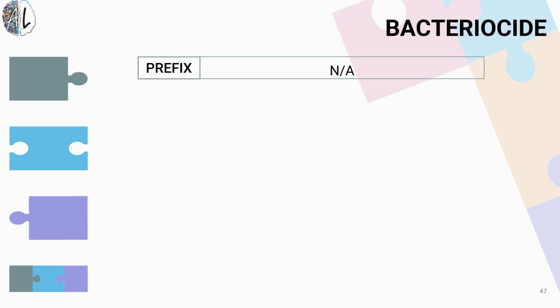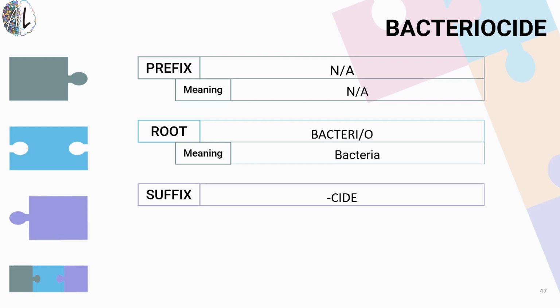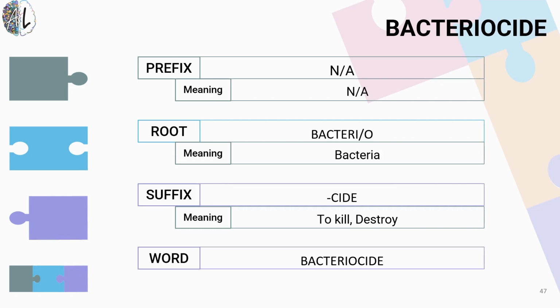All right, so again, we do not have a prefix in this particular term, but we do have a root term. The root term here is bacterio, and that referred to being a bacteria. The suffix here is cide, C-I-D-E, which is a new suffix for us this unit, and it means to kill or to destroy something.